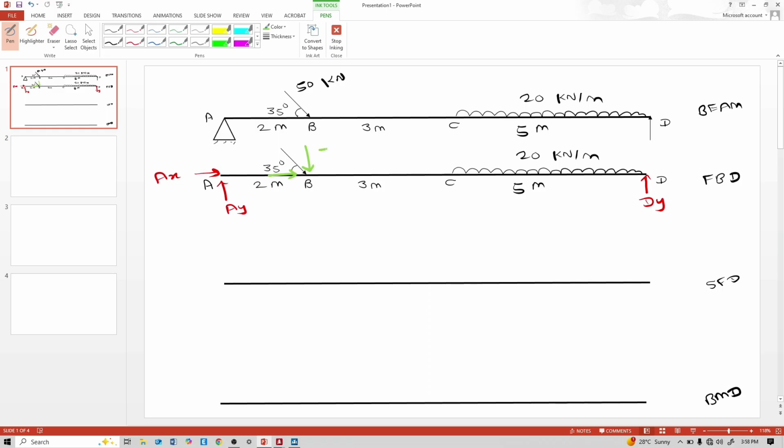That means the vertical is 50 sine of 30 degree, that means it is 25 kilonewton, and the horizontal load is 50 into cos 30, it is 43.30 kilonewton. So our first step is to judge this beam and judge the shear force diagram.